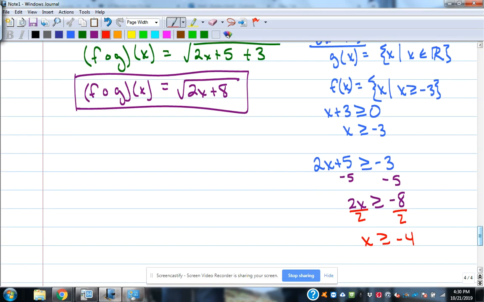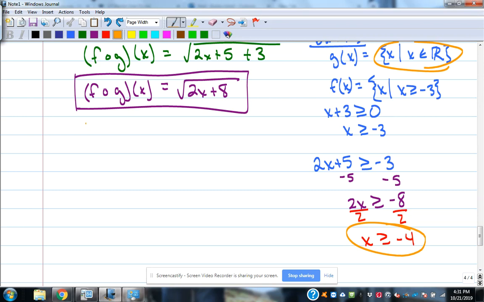So the only parts that matter when it comes to the domain of the composite function is that part and this part up here. This middle piece, the f of x domain, does not show up in the domain of the composite function, okay? The domain of the second function listed and then the composite function, those are the ones that are going to show up.